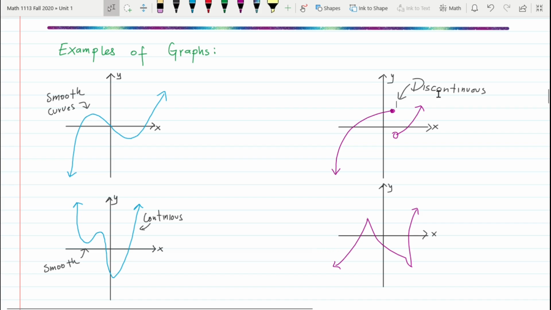So the graph has a break, therefore it's not continuous. Although it looks smooth, it is not continuous. So that's important. Then here there is a sharp corner. That makes this graph not a polynomial, although it is continuous.